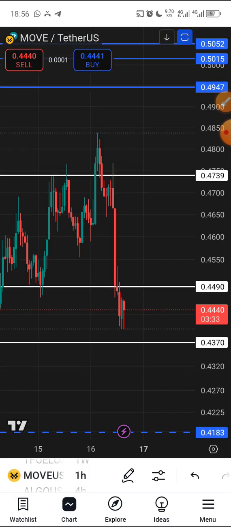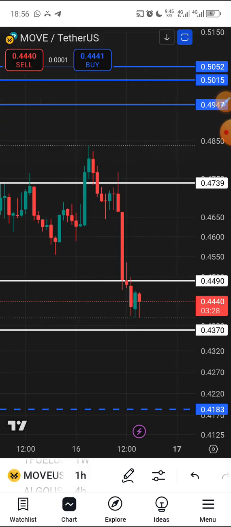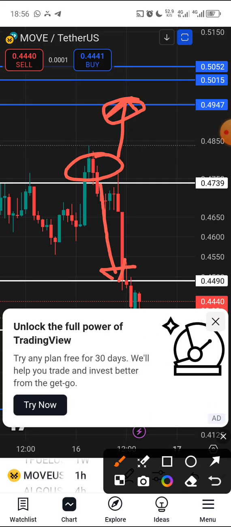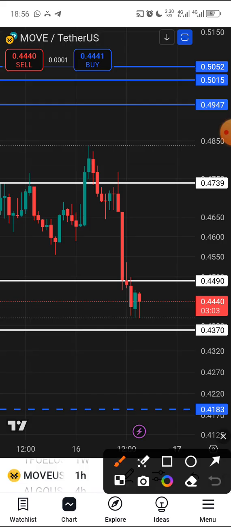According to your support and your resistance, let's say that you want to enter this coin at this point here and take profits at this resistance here. Since you don't control the market, you will measure this call drop up to this point here, or up to this point here, or you can even measure from this point up to this point here, depending on your predictions.